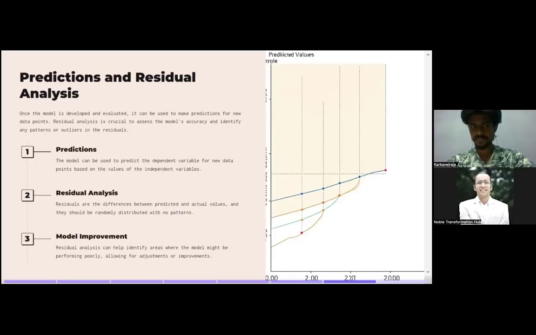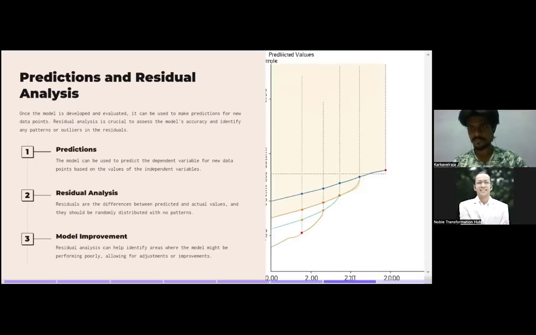Okay, so then model improvement. Residual analysis can help you identify areas where the model might be performing poorly, because once you know the difference, with residual analysis, then and only then can you go and improve the model. That is why residual comes in between, allowing the adjustments or improvements. It's very simple, guys. You can only do iterations and improvements when you understand what the difference is and where the problem is.